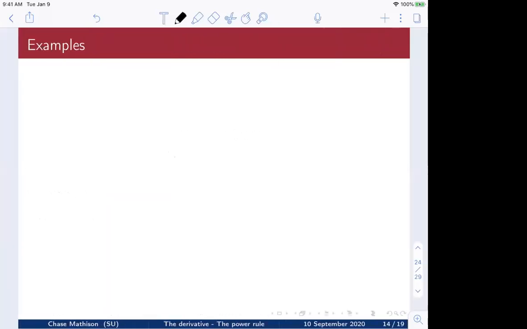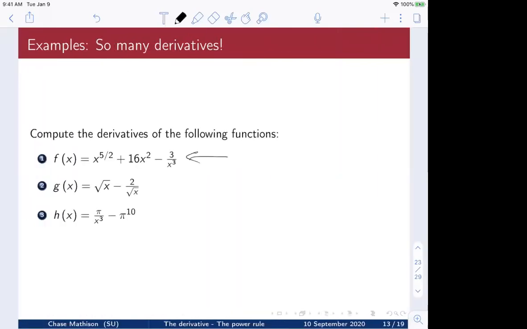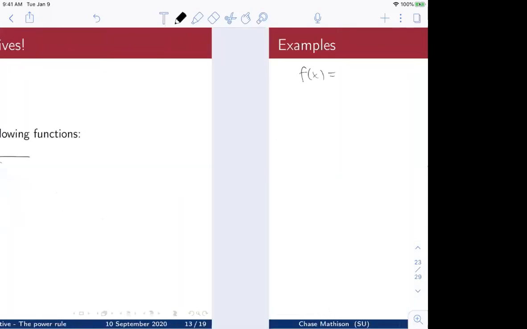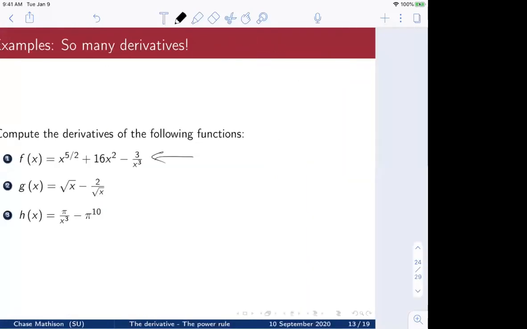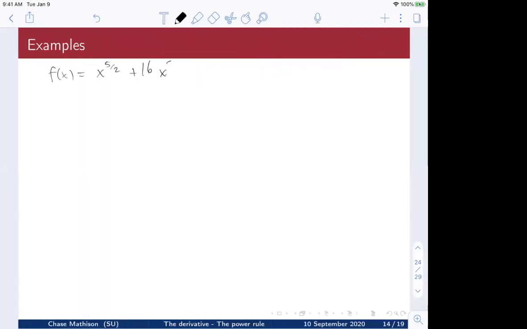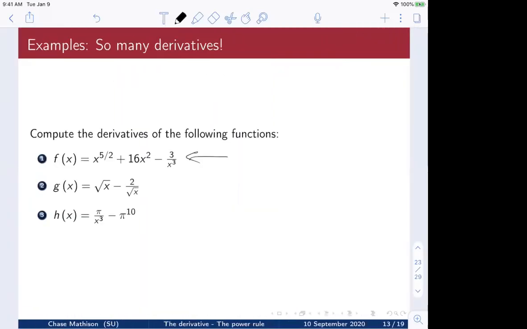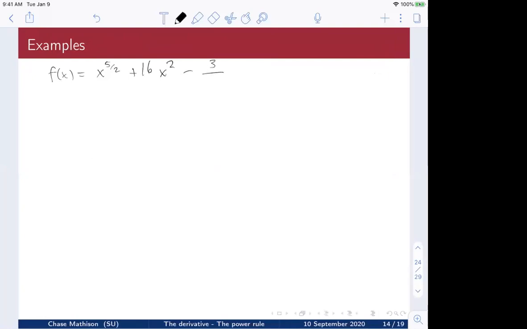I have f of x is equal to x to the 5 halves, plus 16 x squared, minus 3 x to the negative 3. Okay, and I need to take f prime of x.